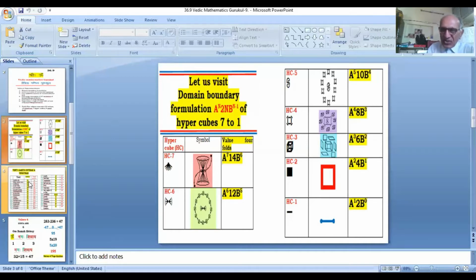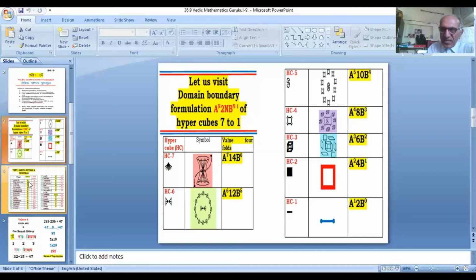In the previous session, we focused on the quadruple folds manifestation expression for hypercubes. Today, out of these four folds, we are focusing upon a pair of folds. These folds are of domain within a boundary. In fact, it is the second fold and the third fold. Today, the focus is upon the middle pair of folds.